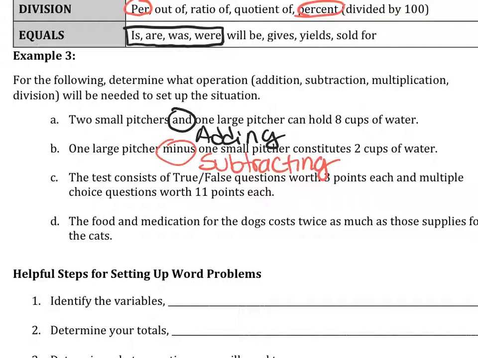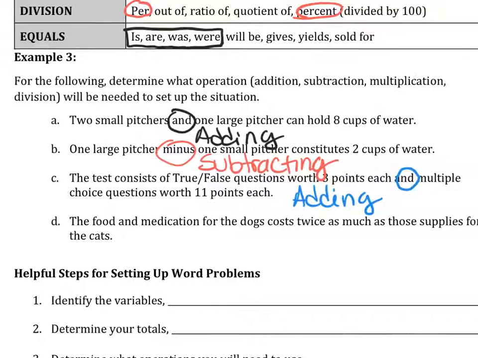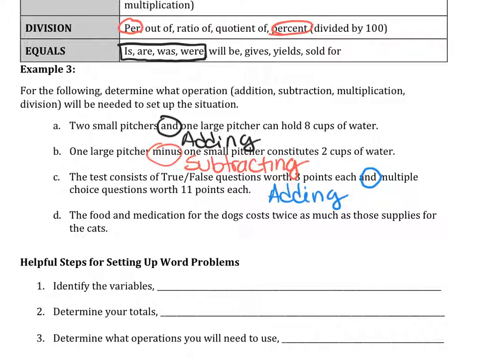Why? We're adding together the true-false and the multiple choice. The food and medication for the dogs cost twice as much as those supplies for the cats. What are we doing here? Multiplication. What are we multiplying by? 2.